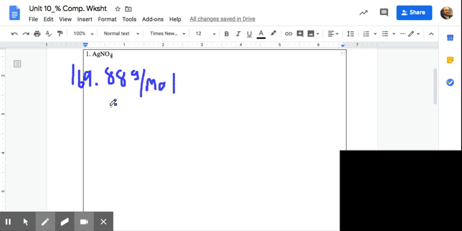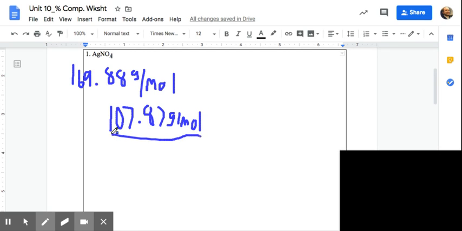So you're going to start by taking that individual mass. This is for Ag, 107.87, and you are going to divide that by the total molar mass that we found, 169.88.